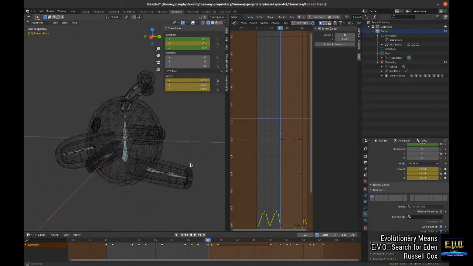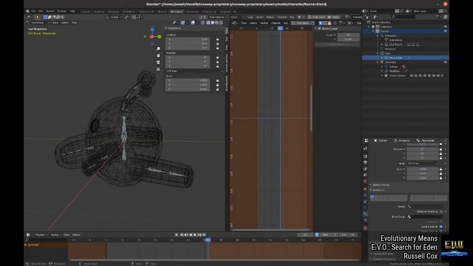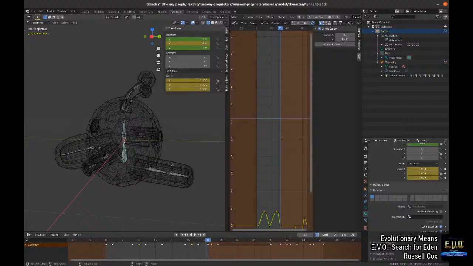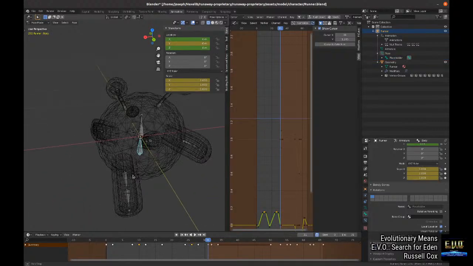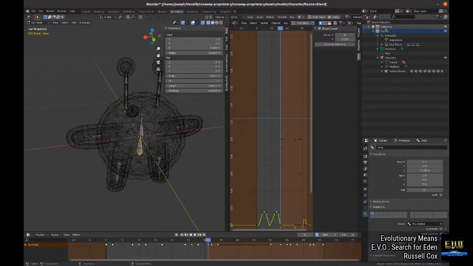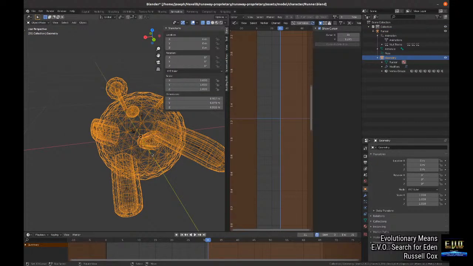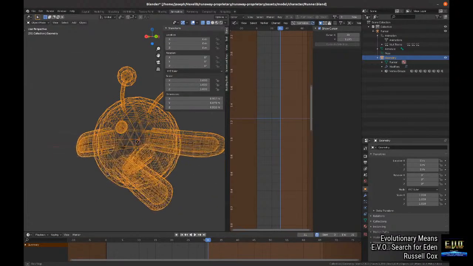This doesn't have a rotation. That doesn't have a rotation. So... question, does the object mode, does this object have a rotation? 0, 0, 0. No, it does not.